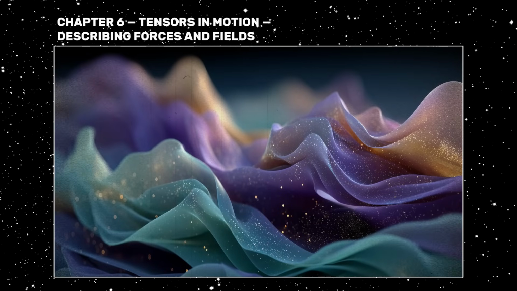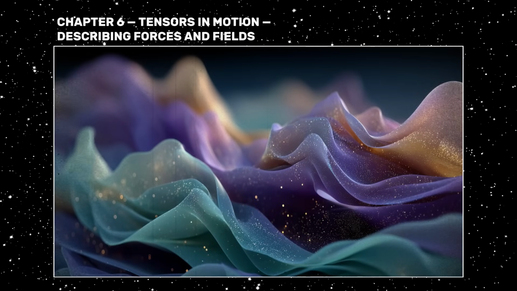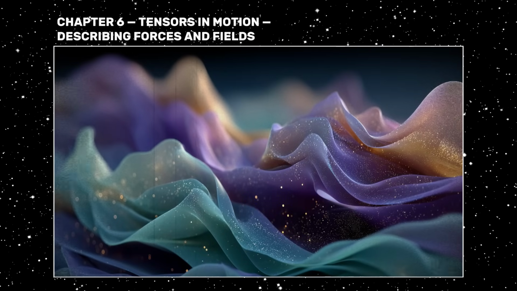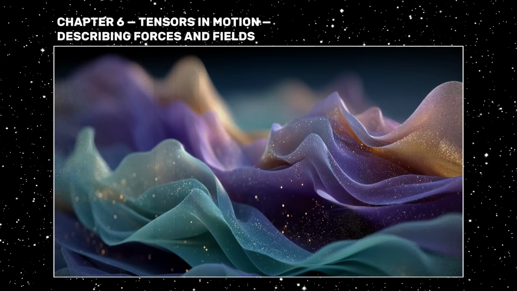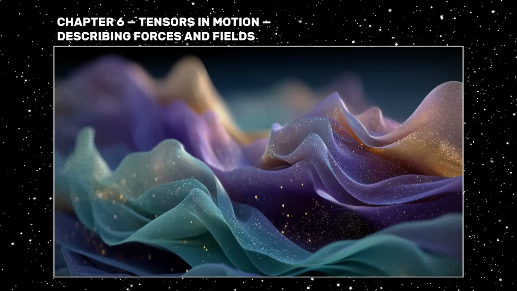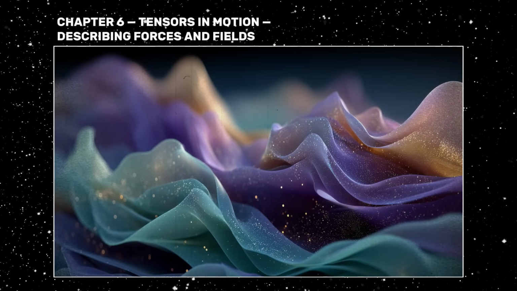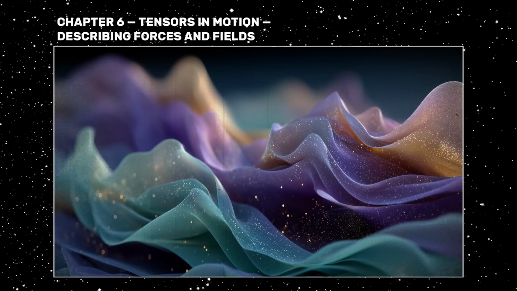With it, engineers can predict how bridges bear weight, how aircraft wings withstand turbulence, and how tectonic plates build up pressure before earthquakes. In fluid dynamics, tensors are equally indispensable. A flowing liquid does not exert uniform forces in all directions.